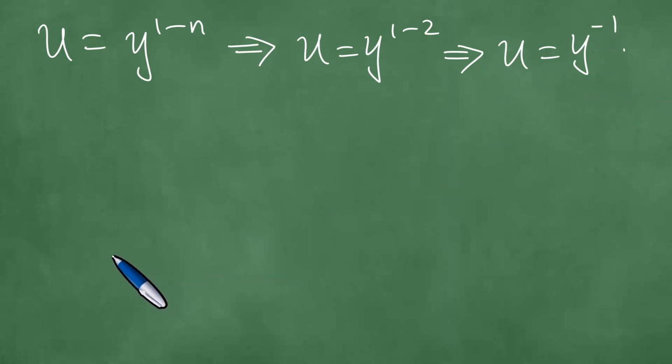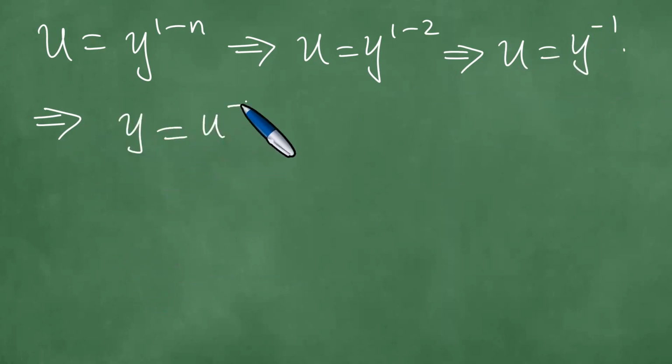What do we do with this? We differentiate this. Before we differentiate, we can make y the subject of this equation, and we write y is u to the power minus 1.